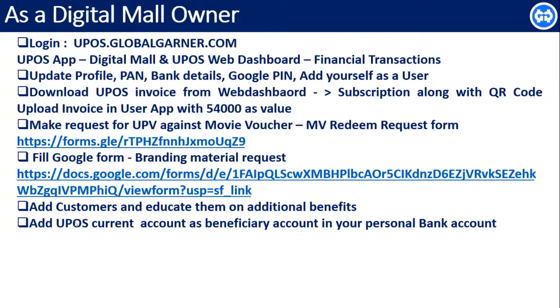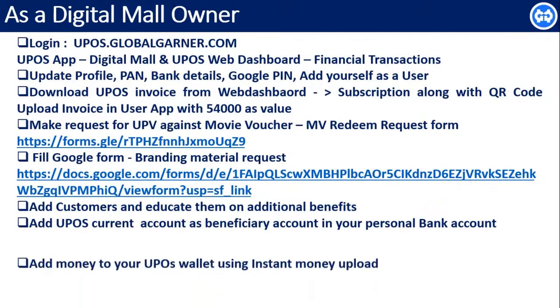And add a beneficiary account into your personal accounts. I'll show you a demo. So you as a digital mall owner, take the current account detail and add it as a beneficiary into your savings account or a current account of your personal bank. Why? You need to do a wallet transfer.